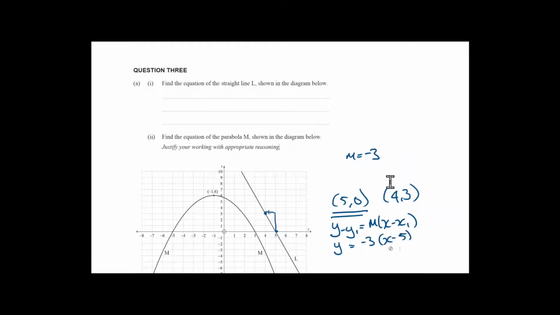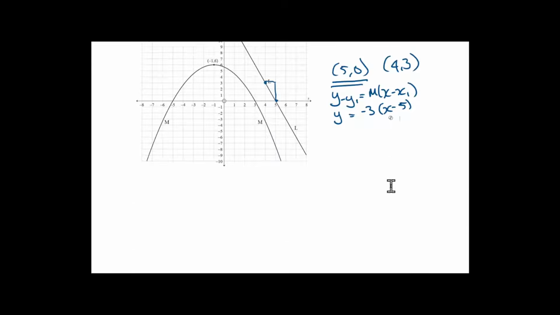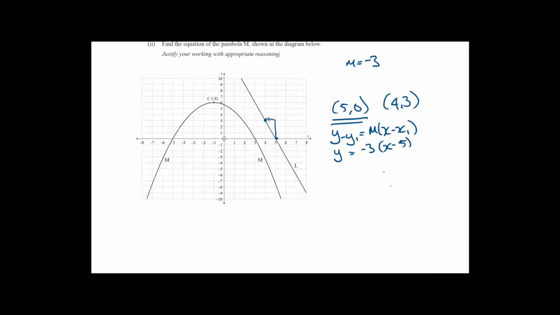So let's move this up a bit. So we want to expand out the bracket. So y is going to be -3x plus 15, and that would make sense. If this kept going up there, it would be around about 15. Yep, so far so good.